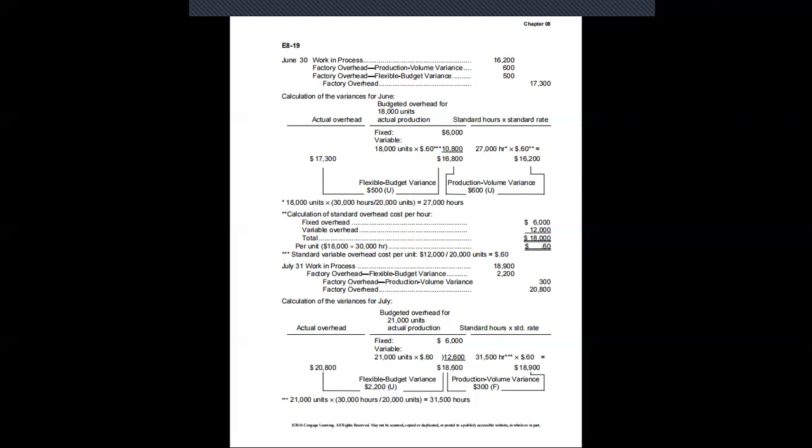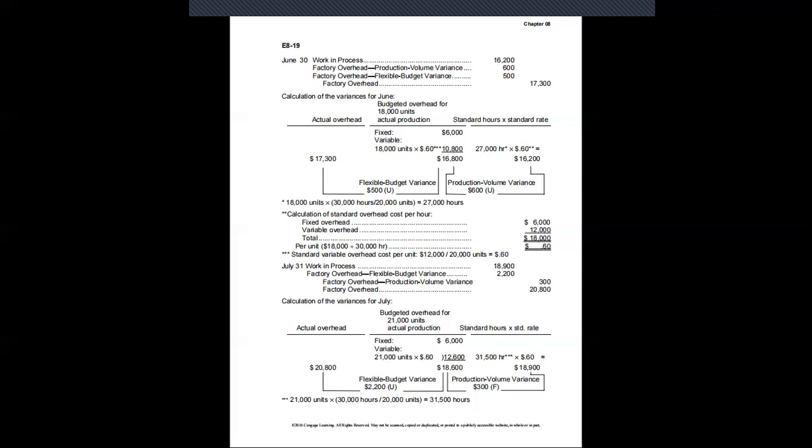Now, July 31, the second month, we debit work in process for 18,900. Again, we debit factory overhead flexible budget variance in the amount of 2,200, credit the production volume variance for 300, and credit back to factory overhead in the amount of 20,800.